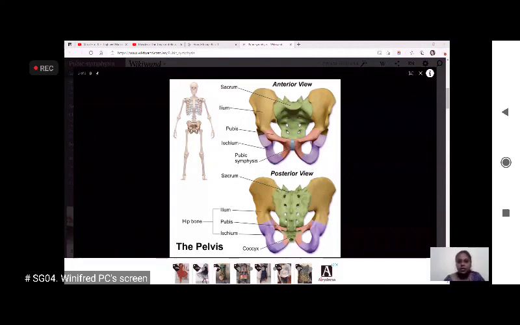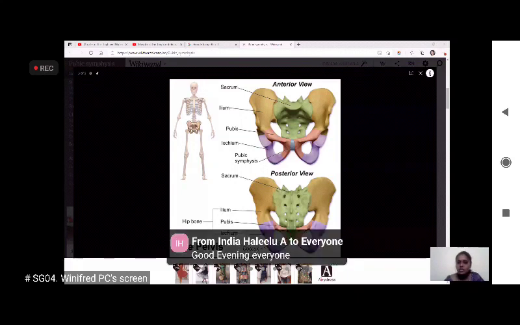First, in the pelvis, we have three bones that combine to form this pelvic bone. One is the ilium, one is the ischium, and another is the pubis. And this pelvic girdle is formed by two pelvic bones and this sacrum.